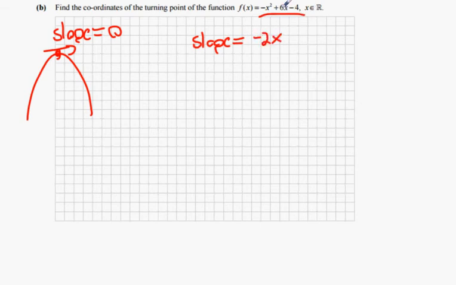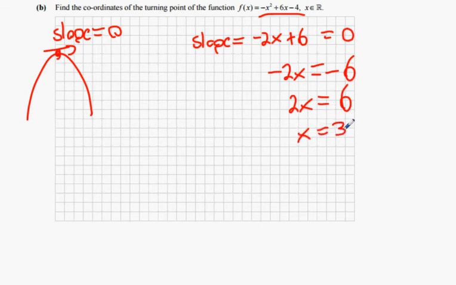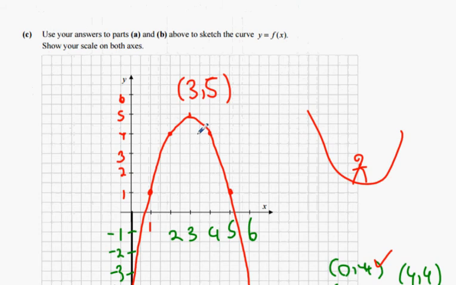Minus 2x. Plus 6x gives 6. The 4 turns to 0. Now, I just told you that your slope equals 0. So what happens next? Put it equal to 0: minus 2x plus 6 equals 0, so 2x equals 6. Dividing both sides by 2, x equals 3. As predicted, the maximum point is occurring at x equals 3.